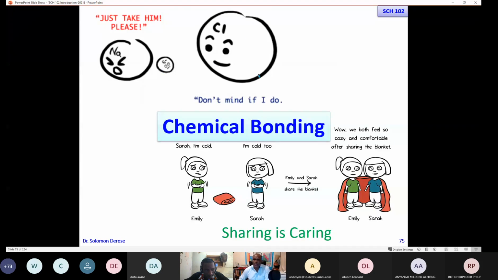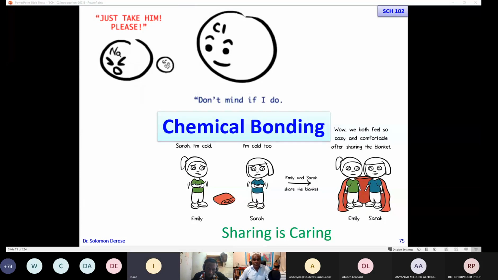In the process, sodium will have the configuration of neon, which is 2,8, while chlorine will have the configuration of the corresponding noble gas argon, 2,8,8. As a result of the transfer of electrons, both of them managed to achieve the electron configuration of a noble gas. Both of them became stable.